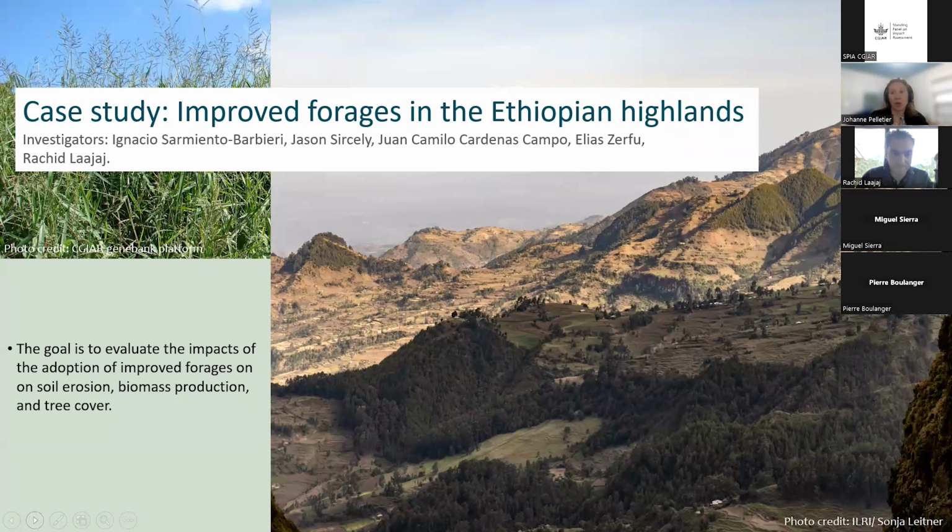They wanted to classify imagery to map improved forage adoption using Sentinel-2 and a classifier that captured the phenological stages of the vegetation. One of the challenges was that the improved forage area adopted is very small compared to the other land uses.